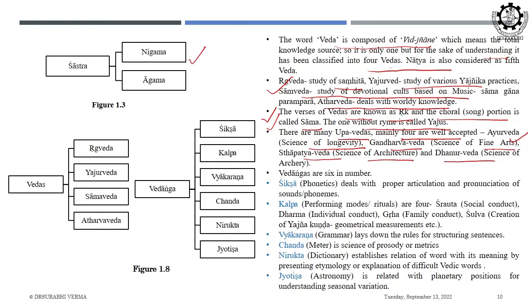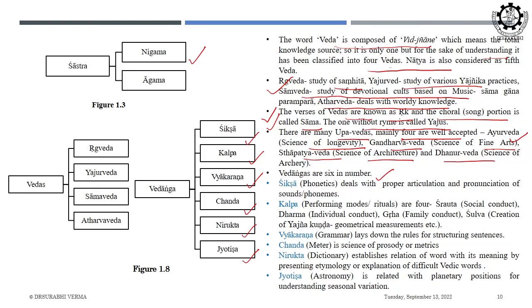Now, after this, Vedāṅgas are 6 in number. As I told you in the previous chart also, we can classify Vedas into 4 Vedas, then the 5th one is Nāṭya, then Vedāṅgas: Śikṣā, Kalpa, Vyākaraṇa, Chanda, Nirukta and Jyotiṣa. So, what is Śikṣā? I tried to explain in the last lecture that when we are going to study the Vedas, first we need to know how the sounds must be uttered.